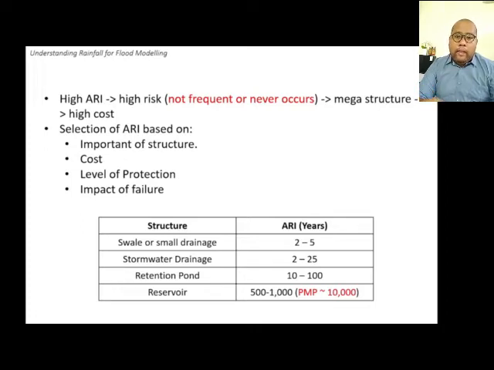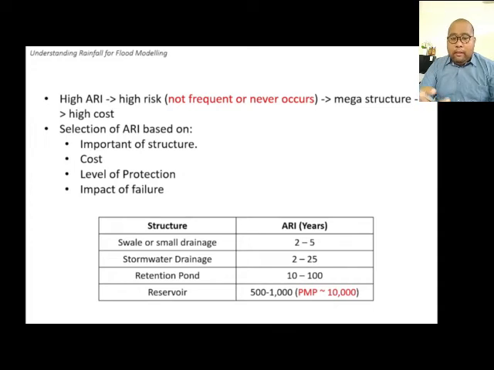So swale ni agak bagus lah. And normally if we study urban stormwater management, the swale has become the preferred drainage to be used to replace the concrete drain.